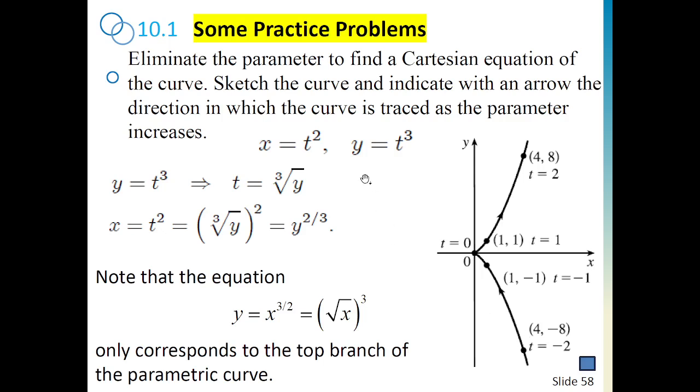So it is very important to realize from the beginning, it tells us something about our curve. Sometimes our natural tendencies will not produce the correct curve, because this Cartesian expression is not equivalent to this parametric expression. This one here is x equal y to power 2 over 3, that's fine.